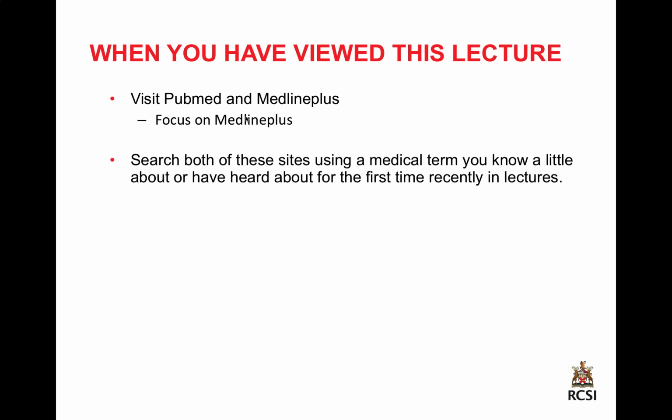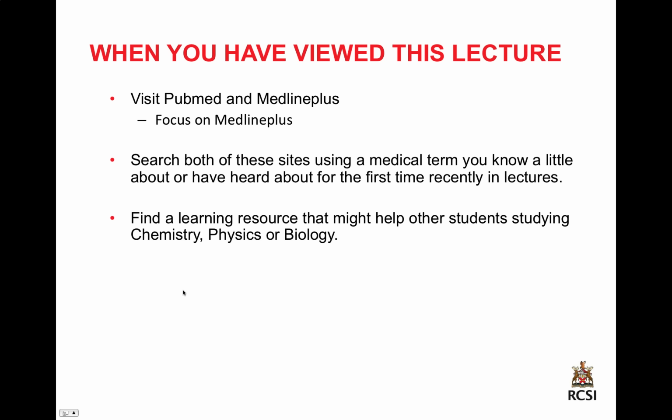And search both of the sites using a medical term that you know a little about, or you've heard something about for the first time recently in lectures. Maybe a condition that you or a family member have been treated for, or something that's just stuck in your head, or maybe something that you'd like to do when you qualify. So search them, see what's going on.